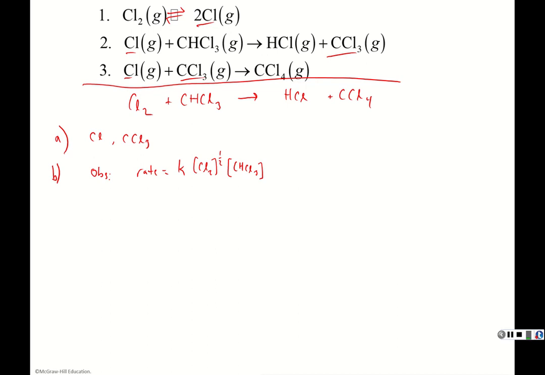Well, let's look at the rates that we would write for each of these individual elementary steps. So 1, 2, and 3. Rate 1 would be k1 times Cl2. It's a unimolecular reaction.